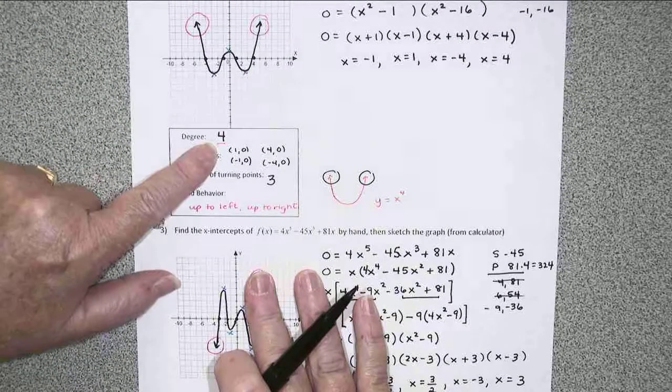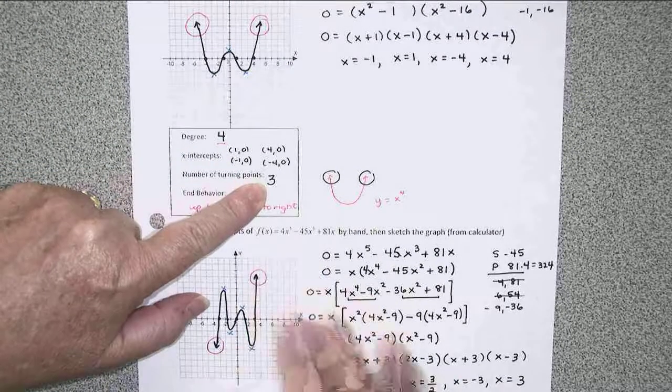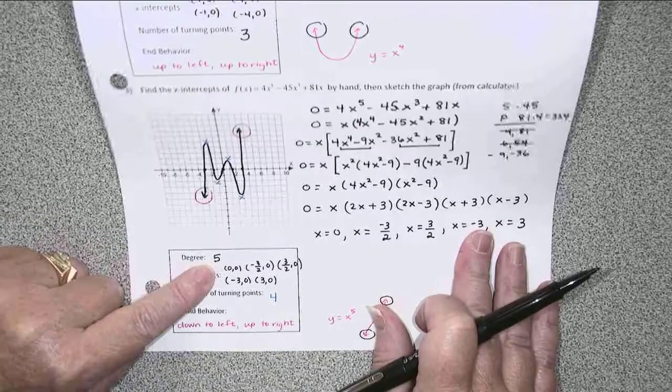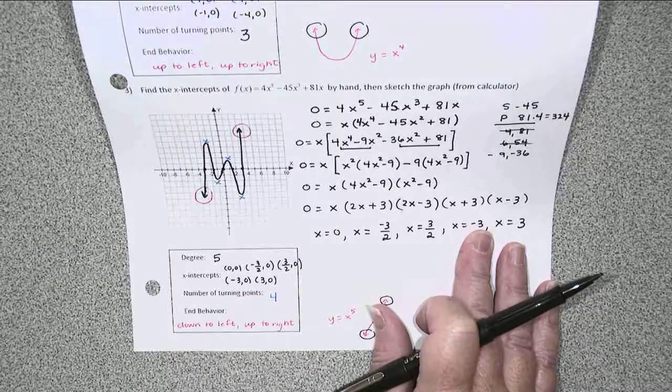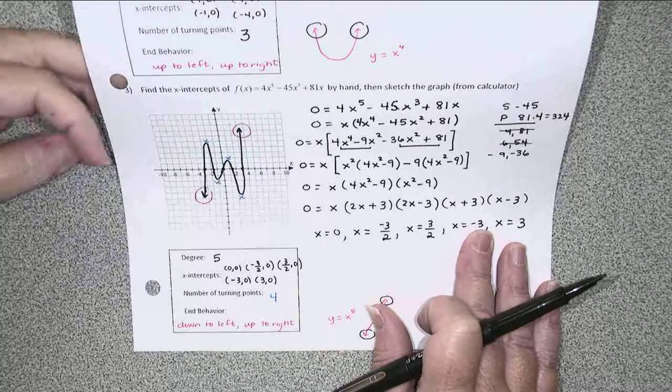Degree 4, there were 3 turning points. And degree 5, there were 4 turning points. So the pattern so far seems to be that the number of turning points is just 1 less than the degree. Let's summarize all of those observations on the next page.